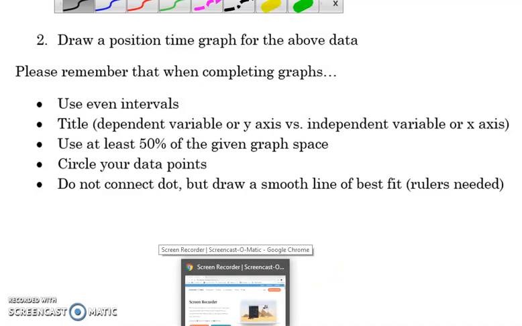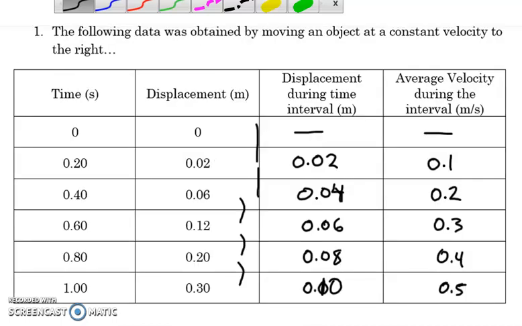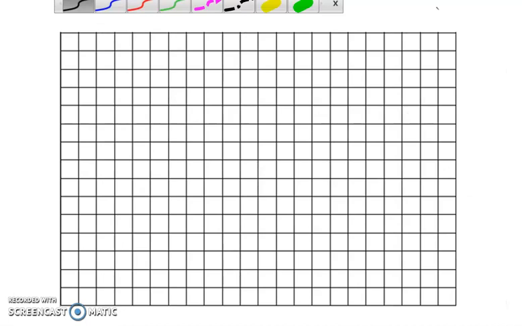So let's draw a position versus time graph for this particular data.